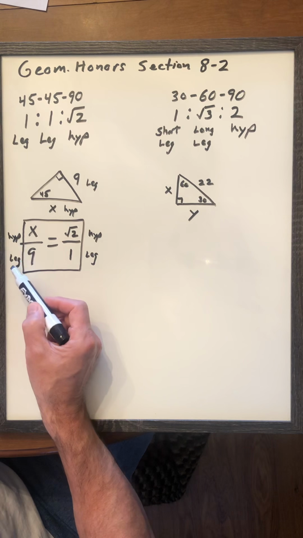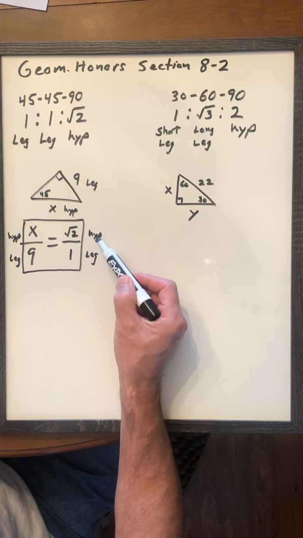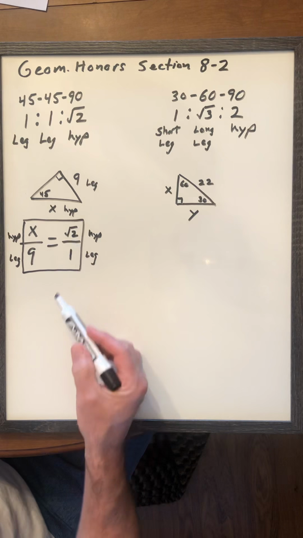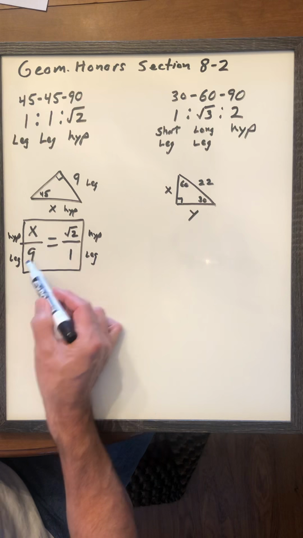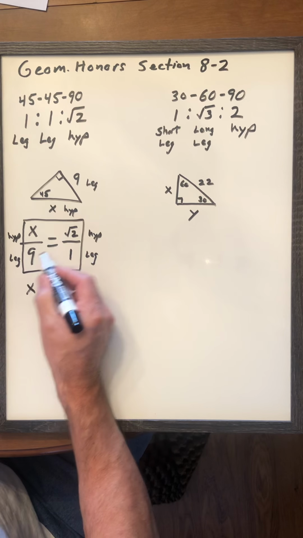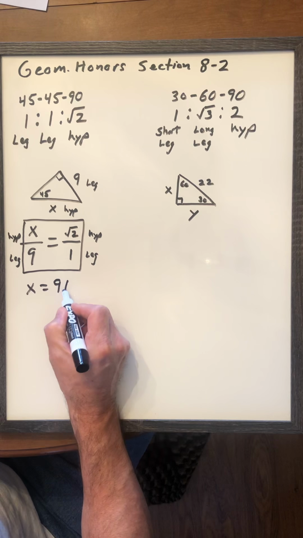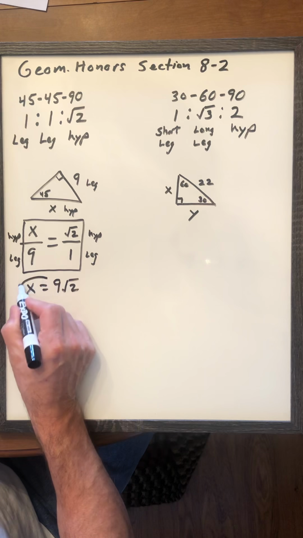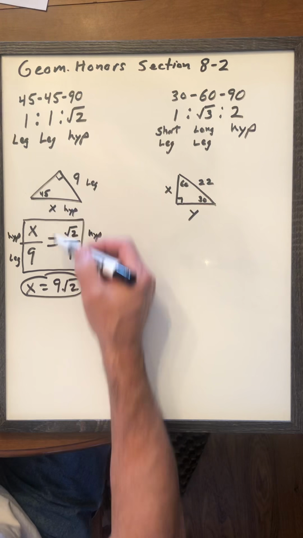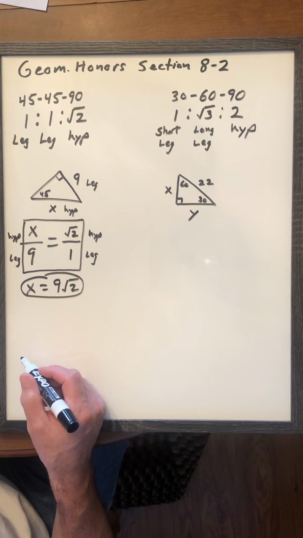I went hypotenuse over leg, so I had to go hypotenuse over leg on this side. That set up my proportion, and now I can cross multiply. X times 1 is X, and 9 times square root of 2 is 9 square root of 2, and I have my answer. So the hypotenuse would be 9 square root of 2.